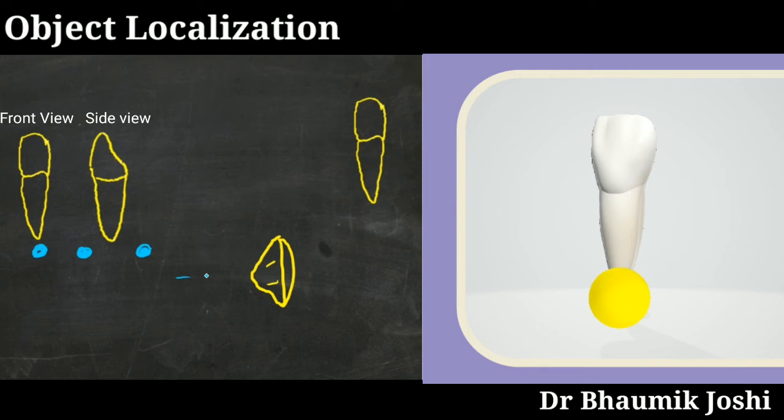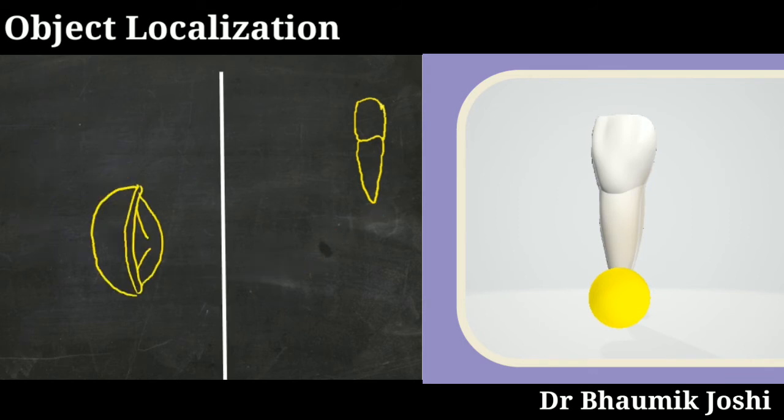But in a 2D image, in an IOPA, we cannot find this out. Whether it is present buccally or lingually, it will be visible in the periapical region, which is not sufficient for knowing. So we have to take another radiograph according to the Slob Rule. In the Slob Rule, the first radiograph we take according to the norms, and the second radiograph we take according to the tube shift technique.